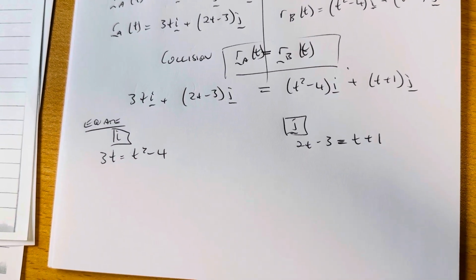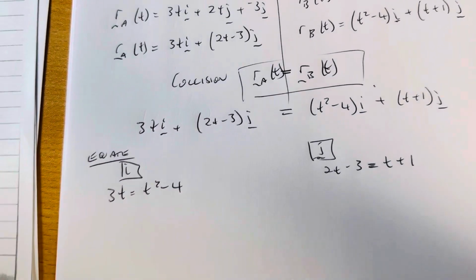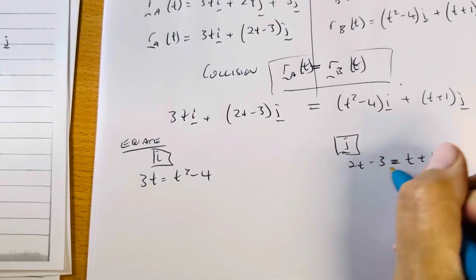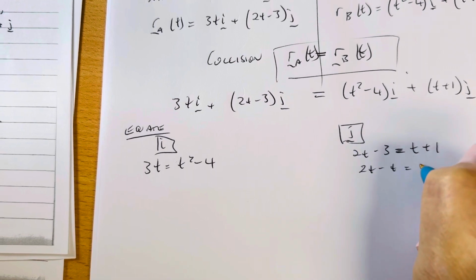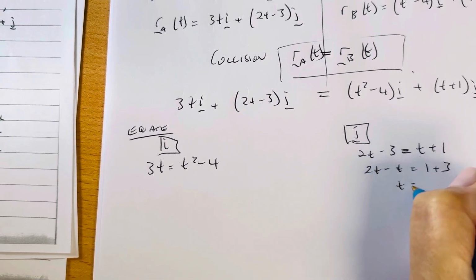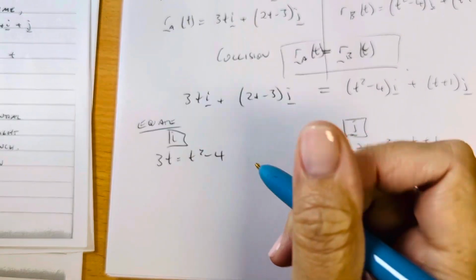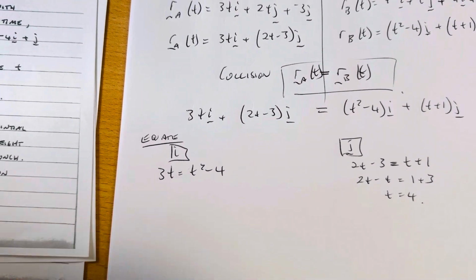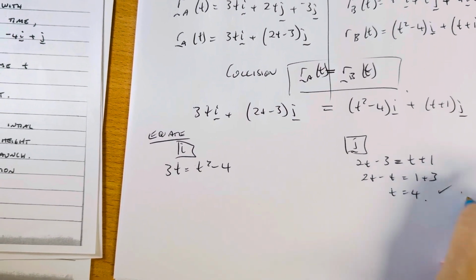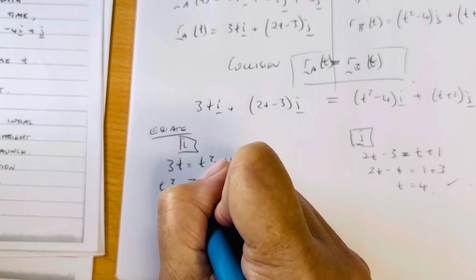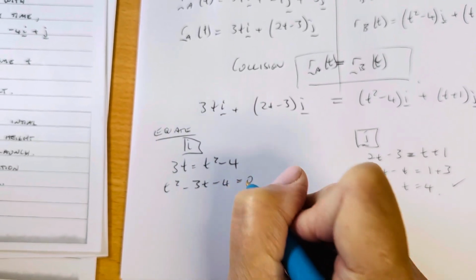I'm looking to find the time when they collide. If I solve this, 2t minus t equals 1 plus 3, t equals 4. That was the easiest one for me to solve. If I go over here, I want to get t squared minus 3t minus 4 equals 0.